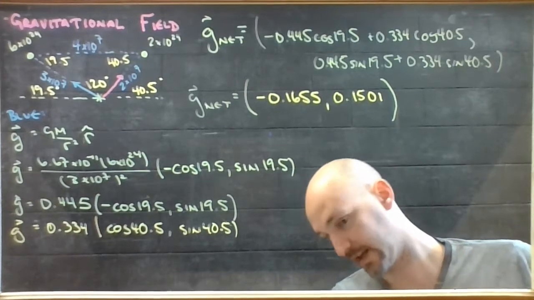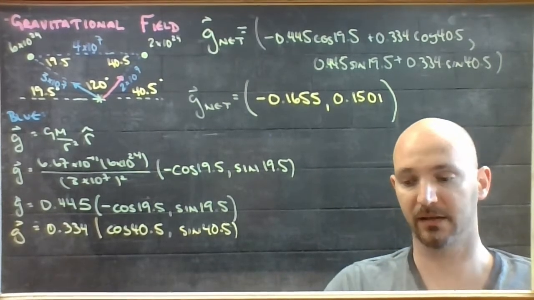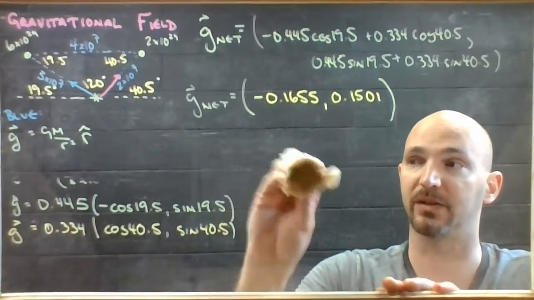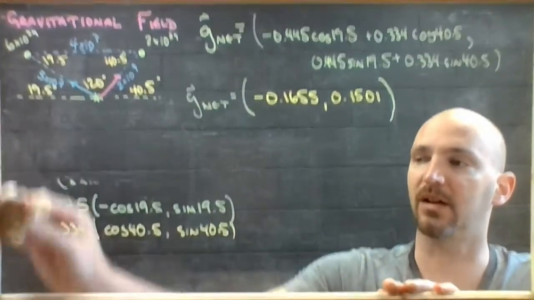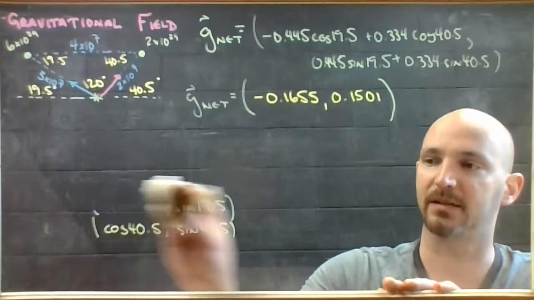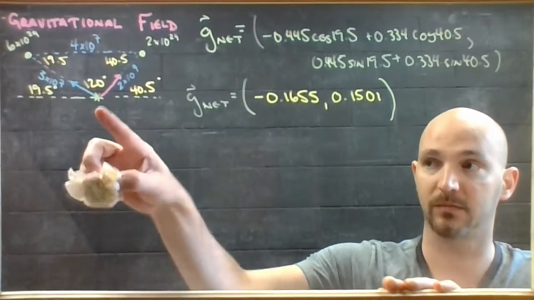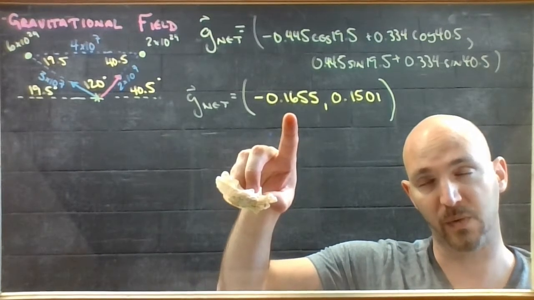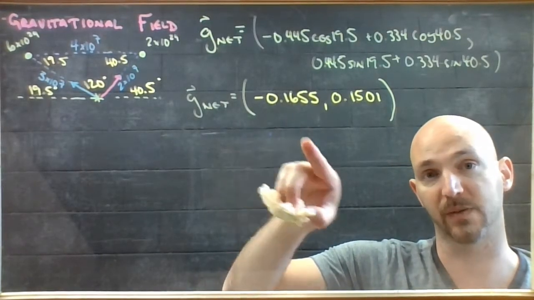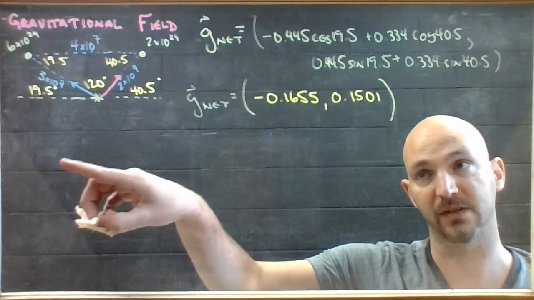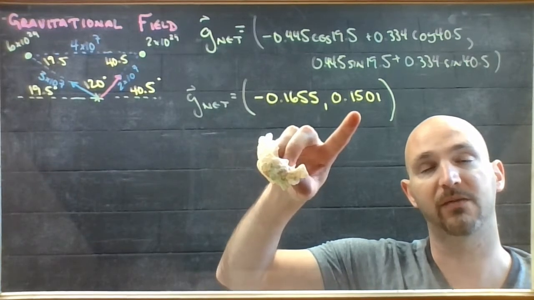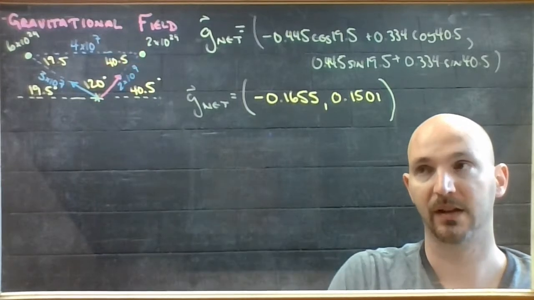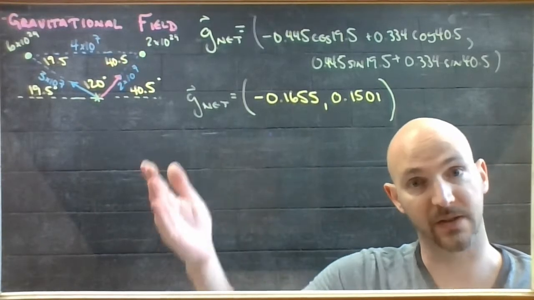So if I keep in mind that this net gravitational field is actually an acceleration, then any object I place here will start to accelerate at 0.1655 meters per second squared that way in the x direction, and 0.1501 meters per second squared in that direction. If you want it in components, then you're done.